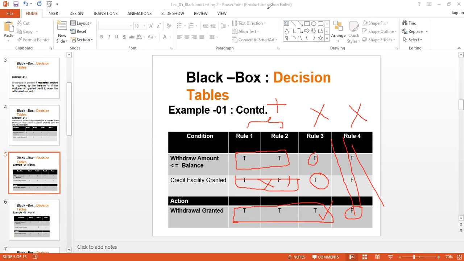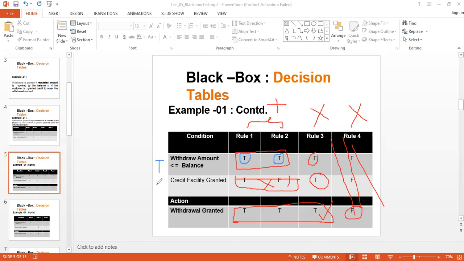So here, how we are going to do it is, this and this are true. Our new collapsed column will be: the withdraw amount is less than or equal to the balance is true, but the credit facility makes no difference there. Whether the credit is there or not, it is the same.